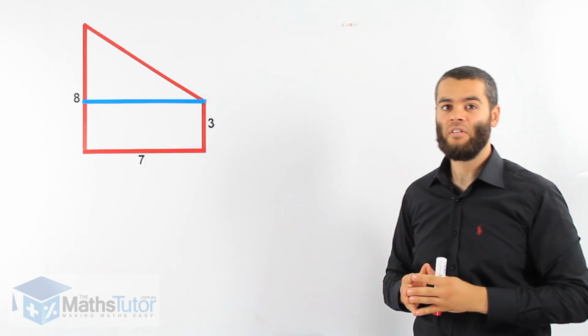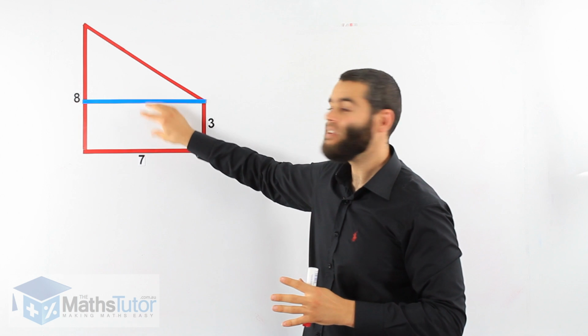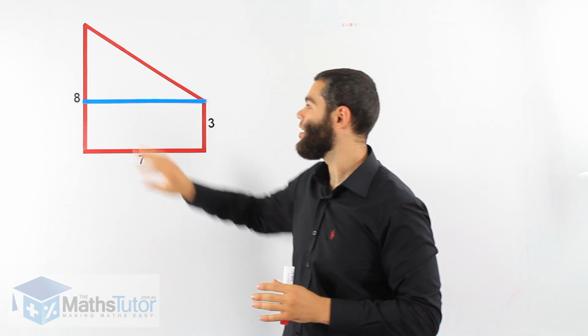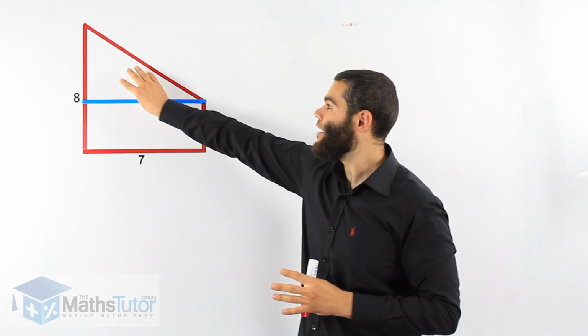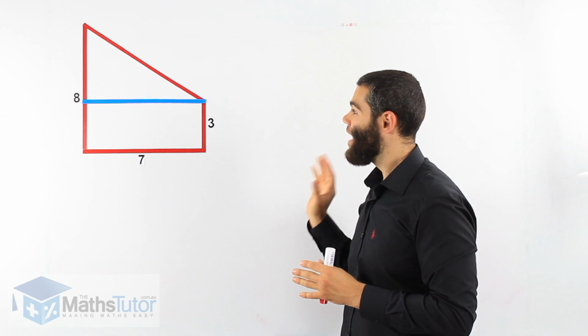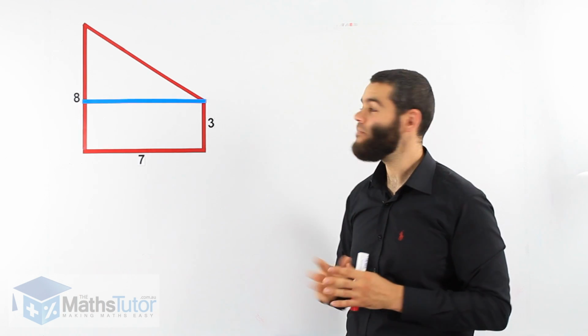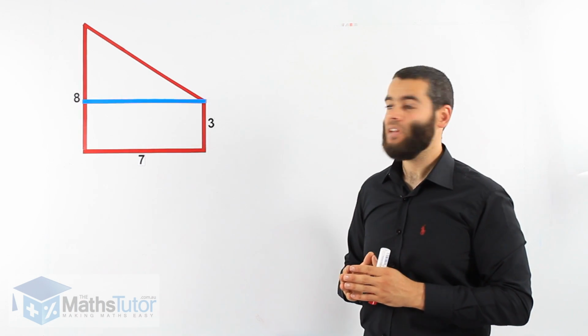There it is. I have split the shape into a rectangle here and a triangle there. So now I have to work out the area of the rectangle, the area of the triangle, and then add them up. Very important to notice how I can split up the composite figure. In this case, a rectangle down the bottom and a triangle up top.